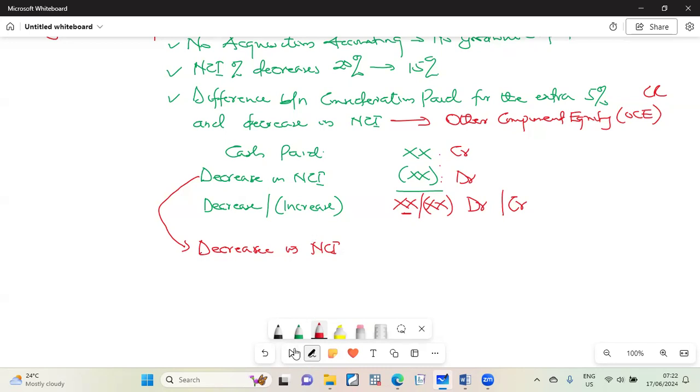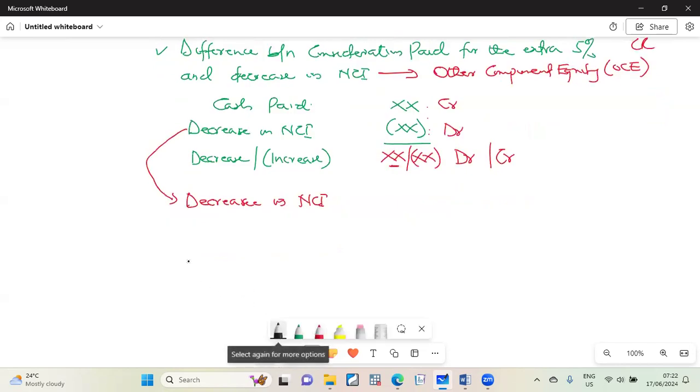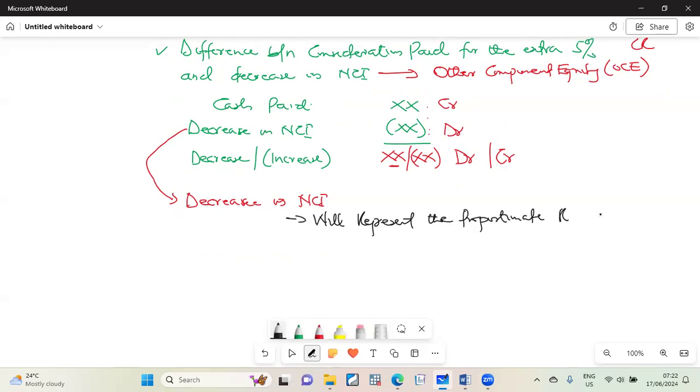What I'm saying is this: this decrease in NCI will represent the proportionate, and that is the word, proportionate reduction in the carrying amount, CA, of NCI at the date of the group's additional purchase of shares.